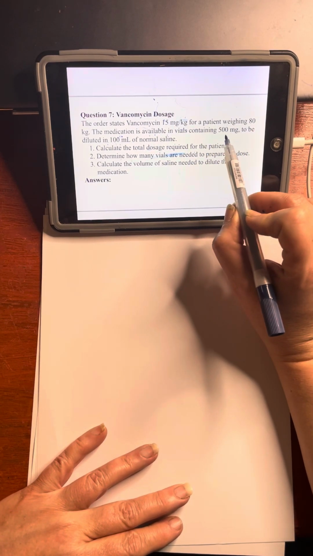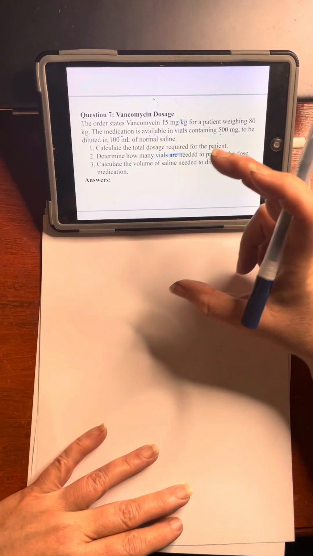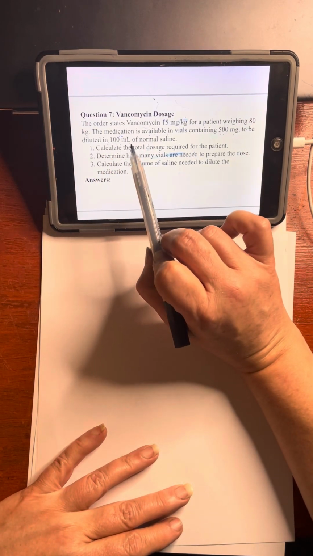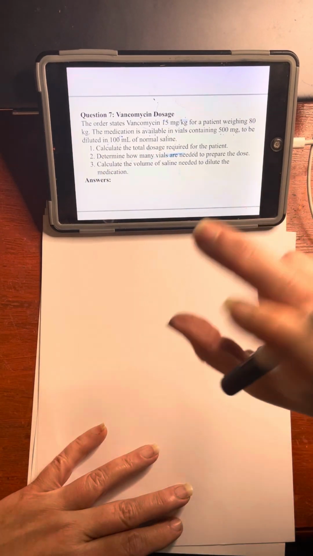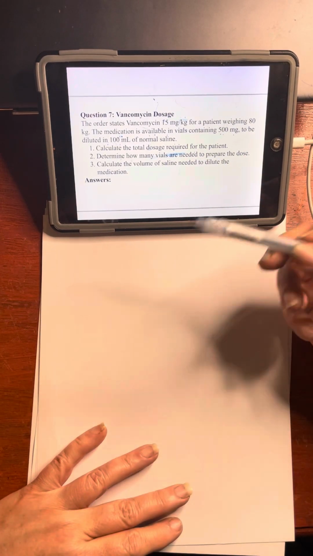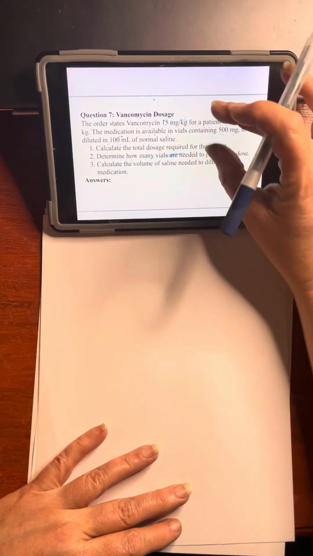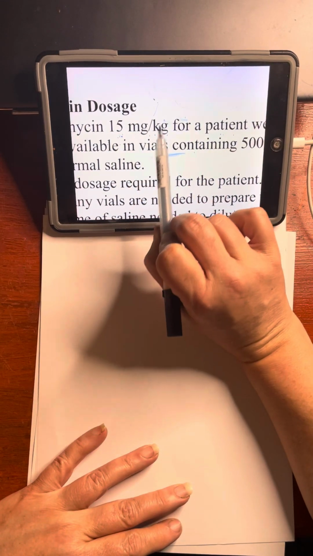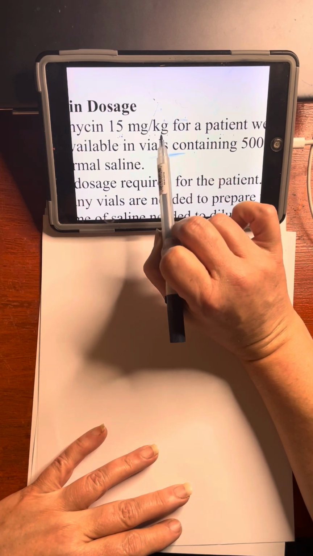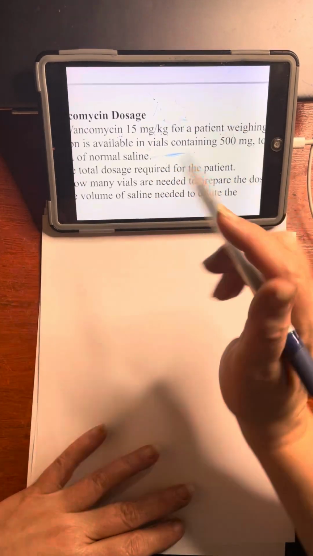let me just clear this up. This 500 milligrams is a powder. And you have to put 100 milliliters of normal saline in there to be able to reconstitute the powder. Okay? This right here, this 15 per kilogram, he wants every kilogram to get 15 milligrams, and we got 80 of those kilograms.